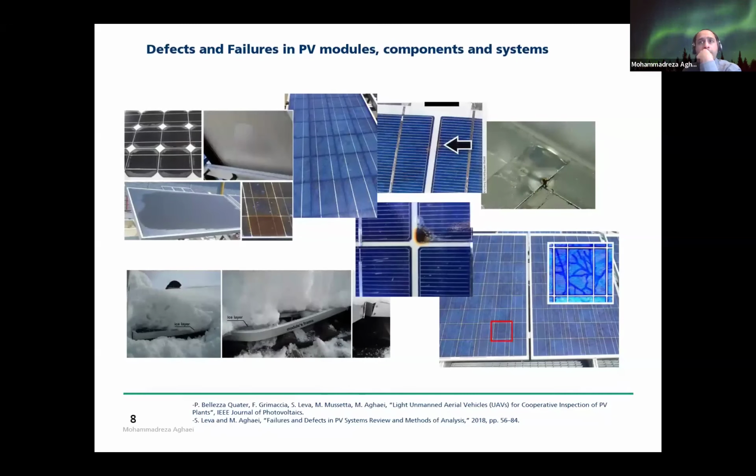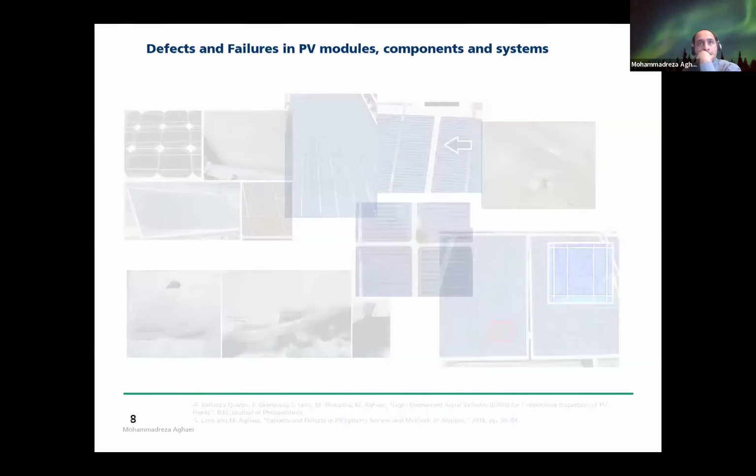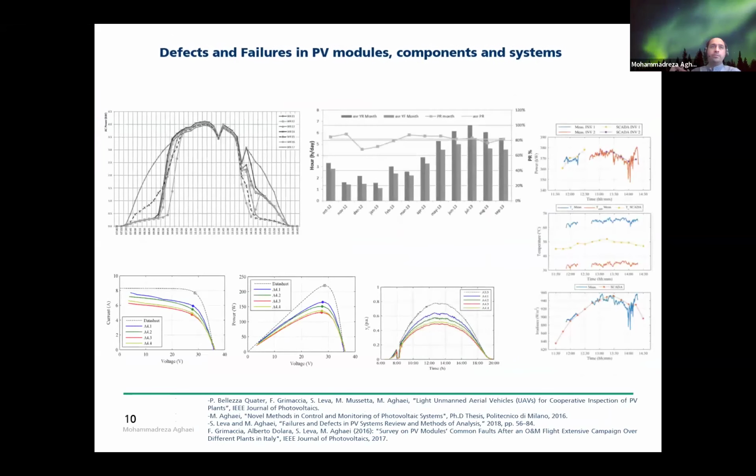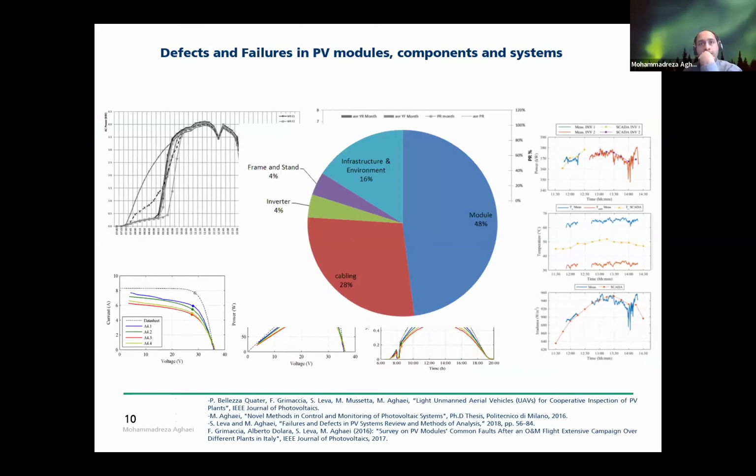Here are some examples like delaminations, bubbling, oxidations, and hot spots on the modules. These kinds of failures can be detected through the RGB camera or through thermography analysis. Some of them can also be detected through data analysis from the normal monitoring systems connected on the AC side or DC side.